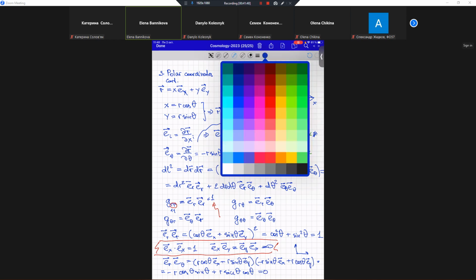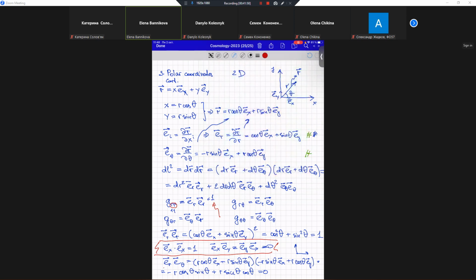So we proved that this non-diagonal element of the metric tensor, which is g r theta, equals 0.